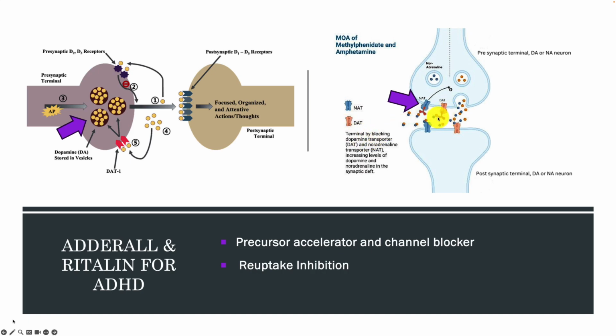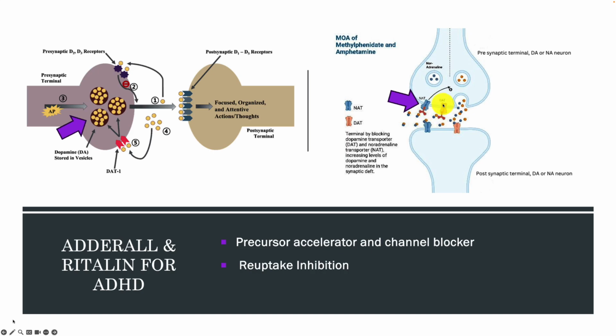So this Ritalin goes in here and blocks the reuptake of dopamine, which means we've increased the amount of dopamine with Adderall, and we're blocking the reuptake receptor here, which is going to let that dopamine secrete more and stay more active in between these two neurons, right?